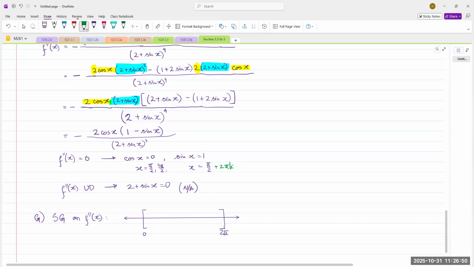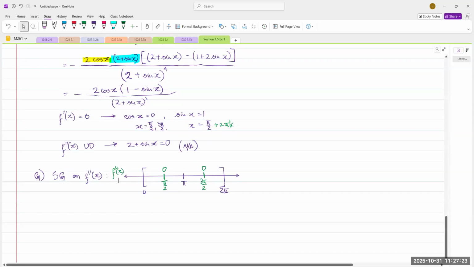Okay, and the criticals are pi over 2, which is, let's say this is pi here, so pi over 2 and 3 pi over 2. Okay, that's where the second derivative becomes 0 or undefined. Right, and then we do testing points again.